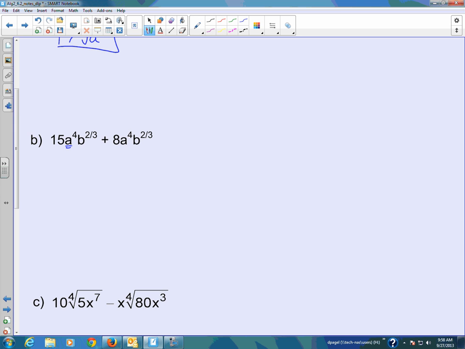A to the fourth, b to the 2/3, b to the 2/3. So it's like, what if I chunked those and put them as their own piece, and then looked at 15 of them plus 8 of them, giving me 23 a to the fourth, b to the 2/3. Yeah, that's as far as we can go there.